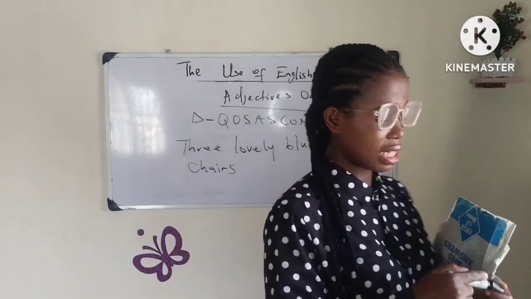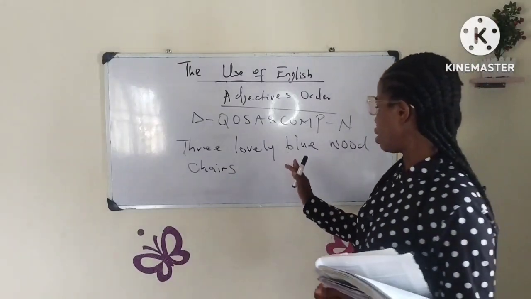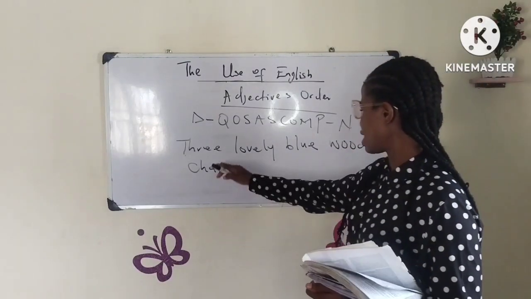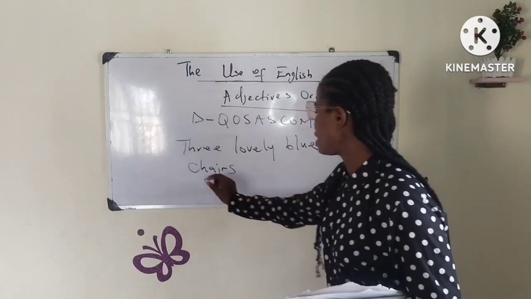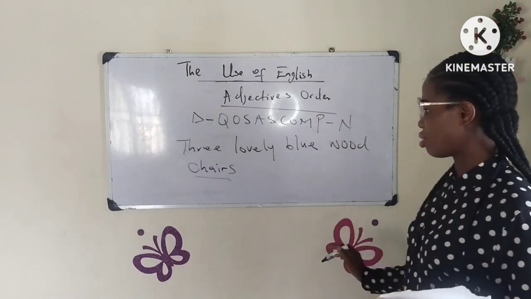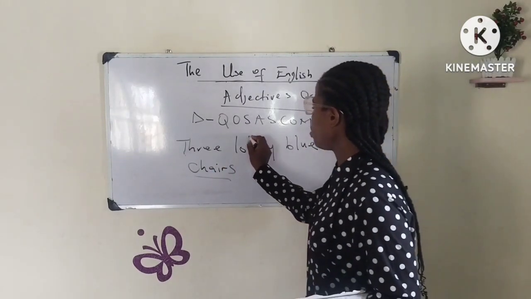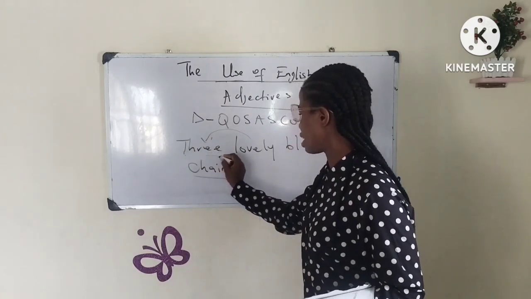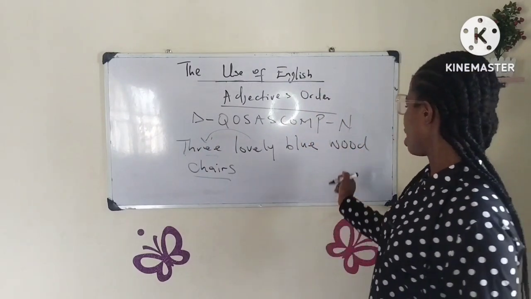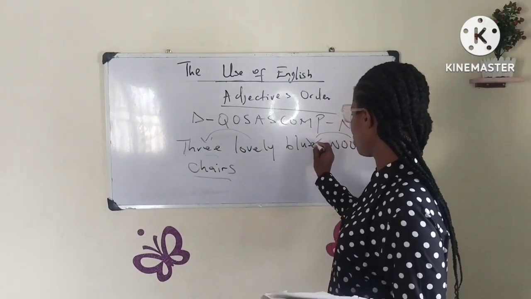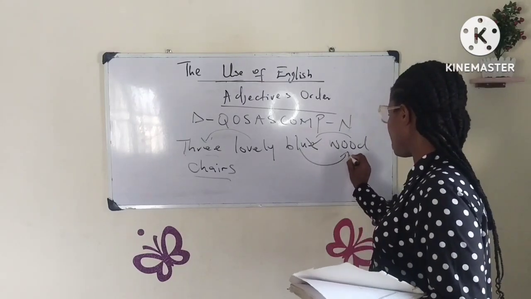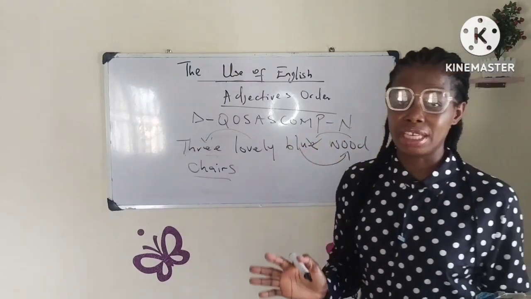All of these are adjectives that are qualifying these chairs. If you move lovely before three, the sentence will be incorrect. If you move wood before blue, the sentence will be incorrect.